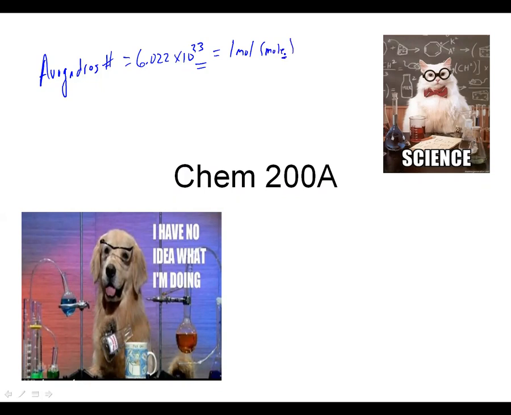So typically we use Avogadro's number as a conversion factor to go from moles to either atoms or molecules.